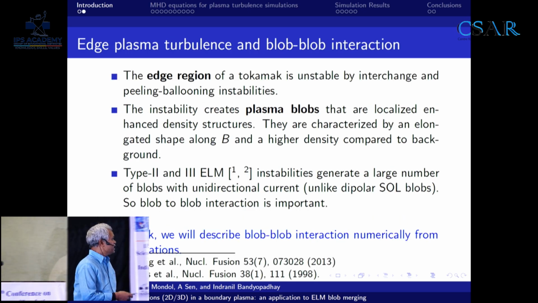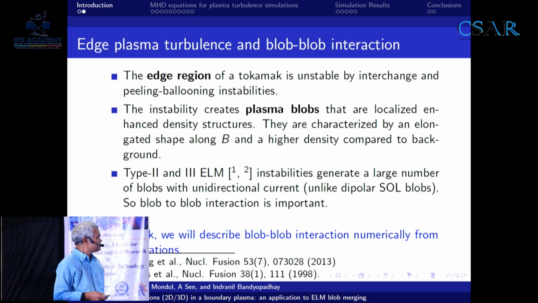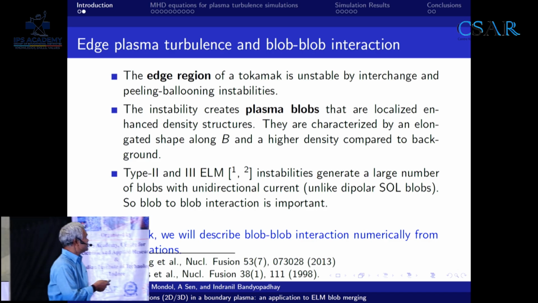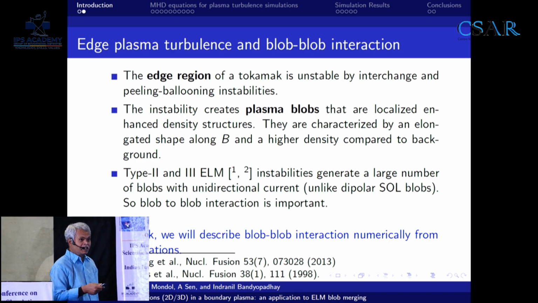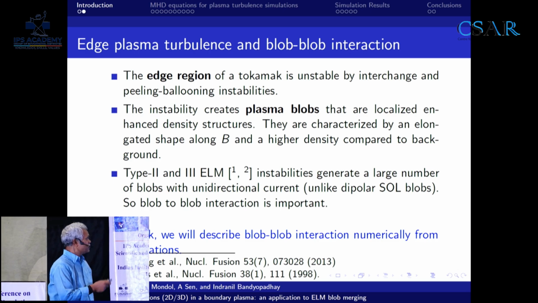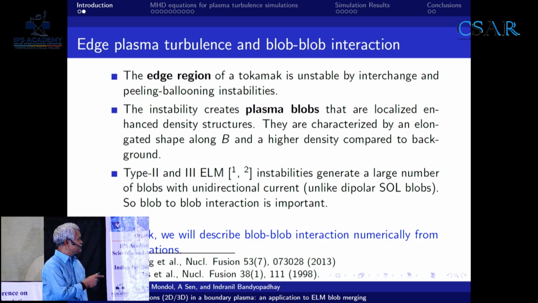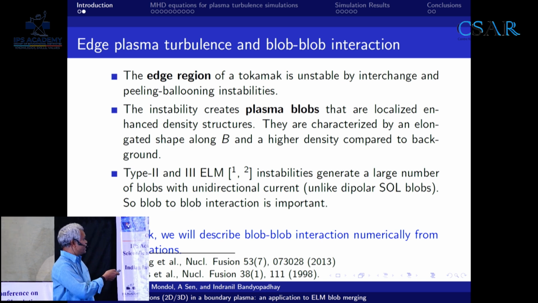Now come to the edge region of a tokamak plasma. All of you know that in the edge region magnetic field lines close themselves, but it is in the boundary region, just inside the last closed flux surface, where tokamak plasma turbulence is interchange in nature, but also has another instability mechanism, that is peeling ballooning mode.